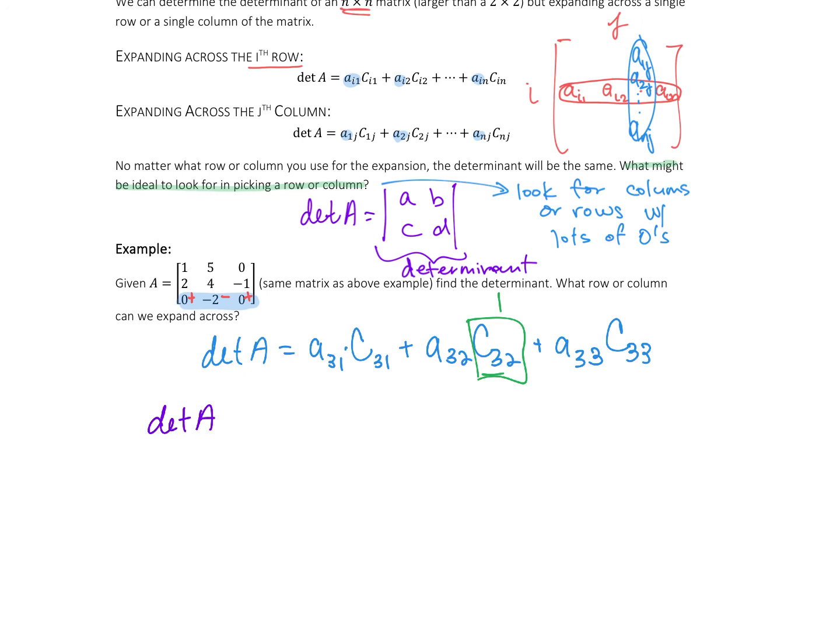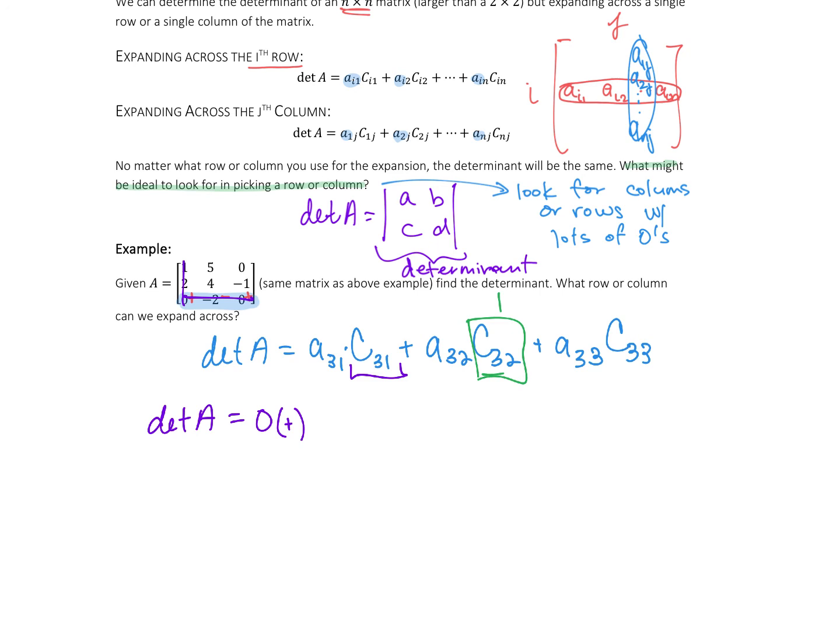So the determinant of A is equal to, so our A31 position is 0. Our cofactor of 3, 1 is what happens when we take that sign, which in this case happens to be a plus. And notice I put that plus in parentheses so that I know that I'm not actually adding 0 to something, I'm multiplying by that positive number times whatever the determinant is if I cross out the last row and the first column, right?